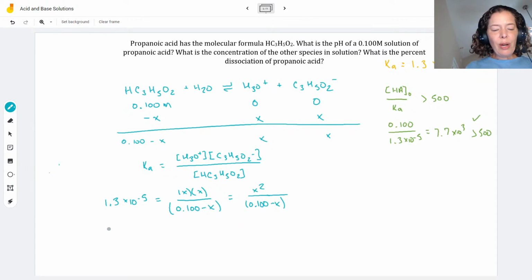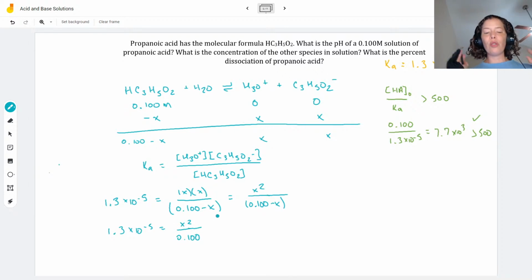That means my equation to solve here is simply 1.3 times 10 to the negative fifth equals x squared over 0.100. This is just so much easier to solve because all I need to do is isolate x squared and then take the square root.